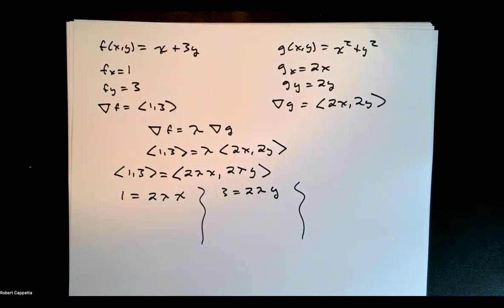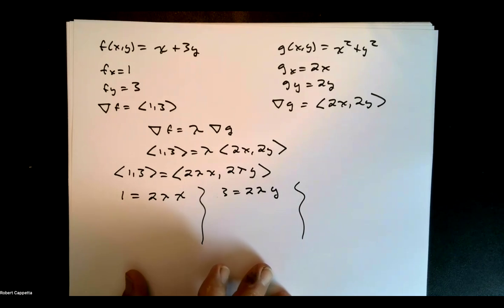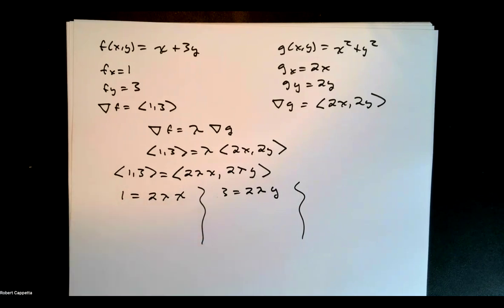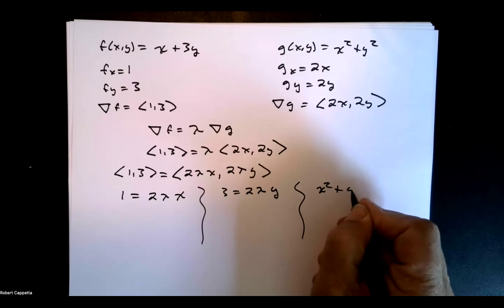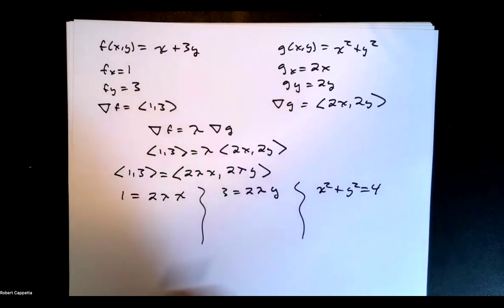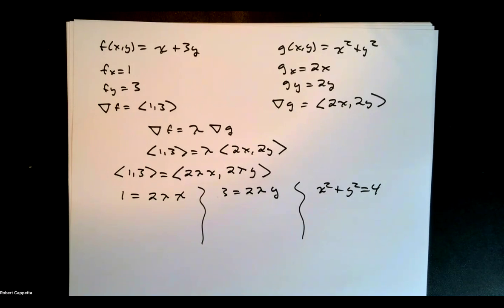Well, what are we looking for? We're trying to find points x, y that are on the circle. So therefore, it's got to satisfy the equation of that circle, which was what? Which was x squared plus y squared equals 4. So these are the 3 equations we're going to try to solve to make sense out of this.